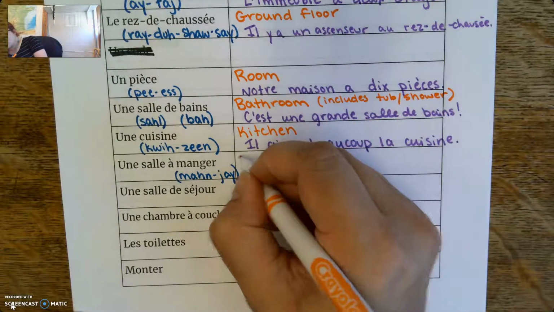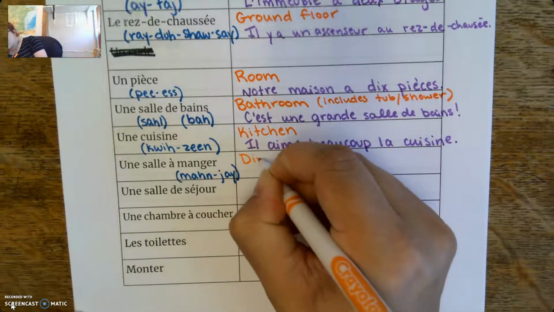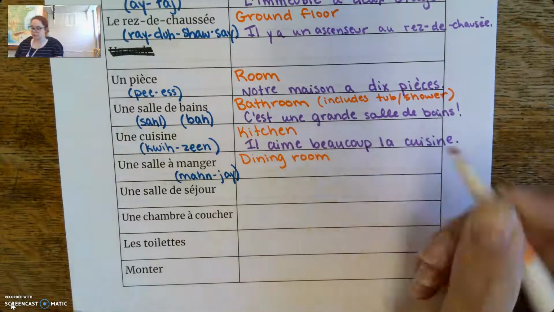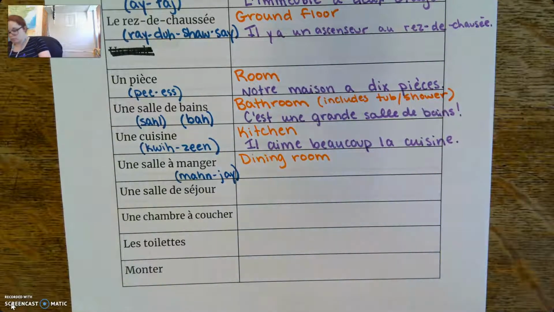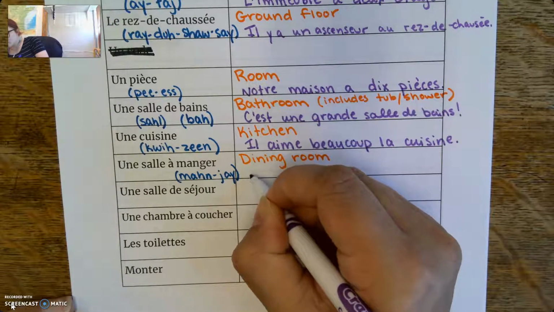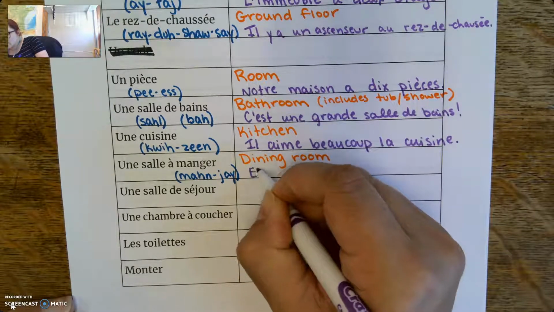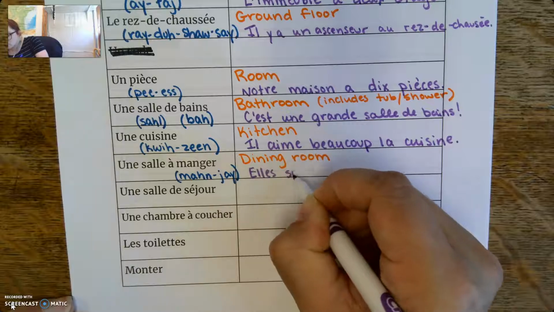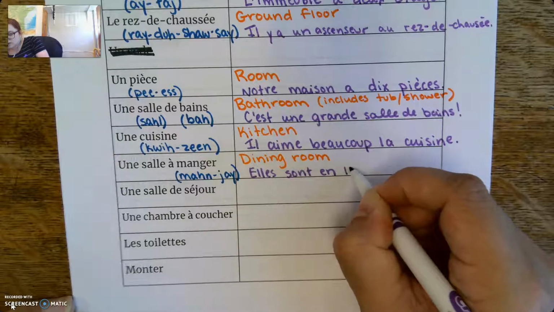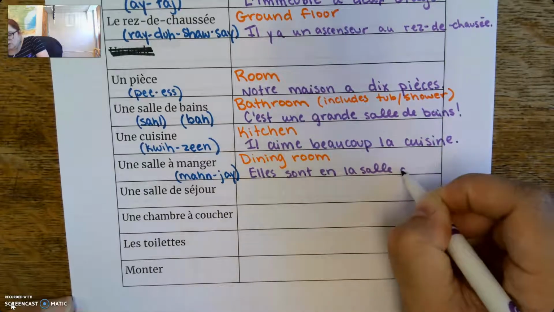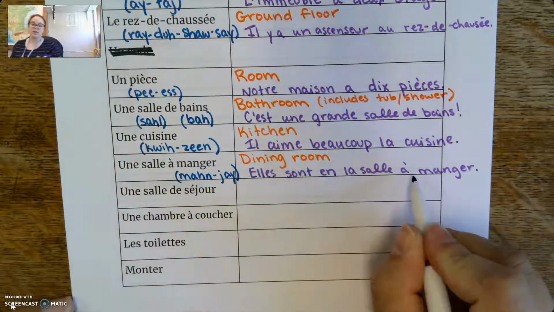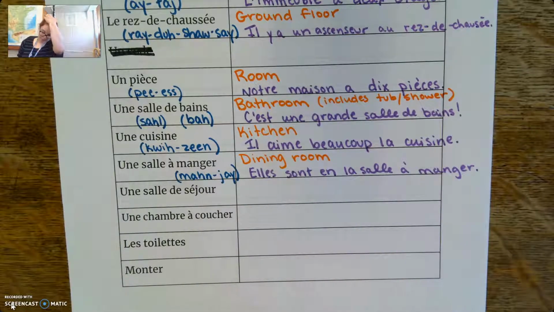So this is the dining room. So we might say, elles sont en salle à manger. They are in the dining room.